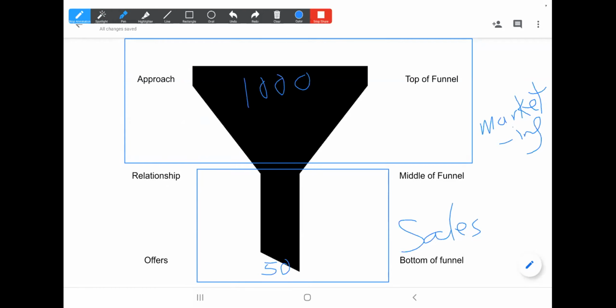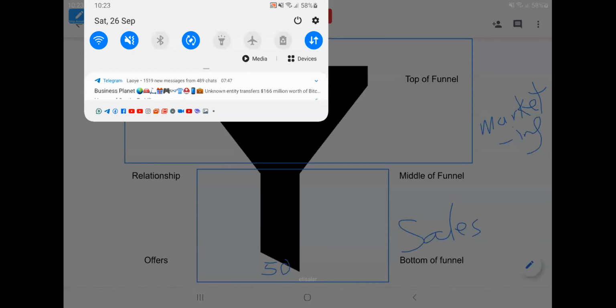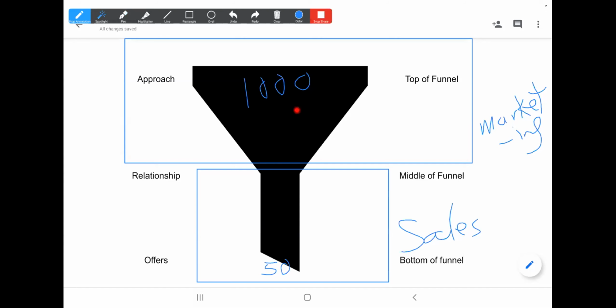If you want to have 100 people as customers, then it means you need to have what? You need to reach out to, say, an extra 1,000 people, making 2,000, and this will give you 100.